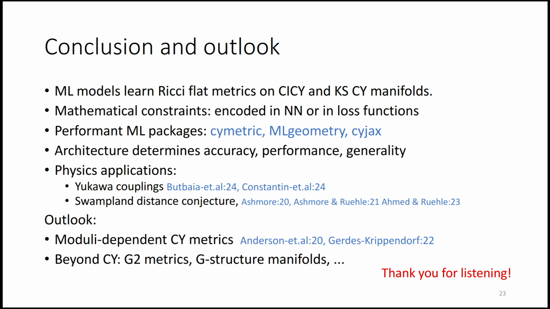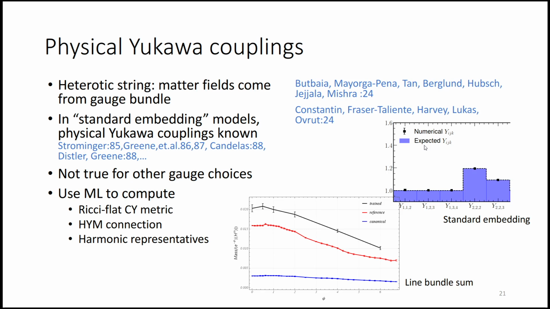So in particular, both of these papers solve the Hermitian-Yang-Mills equation for the connection using machine learning. That is something that has also been done using other numerical methods in the past. I did not have a lot of references for older work on this.